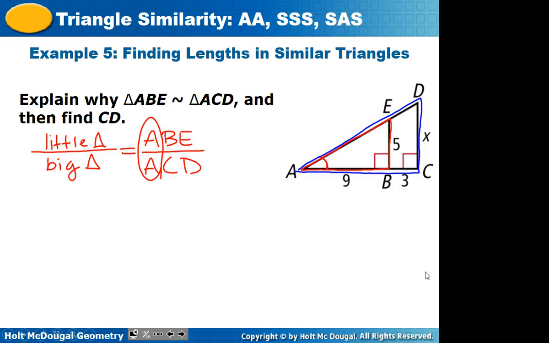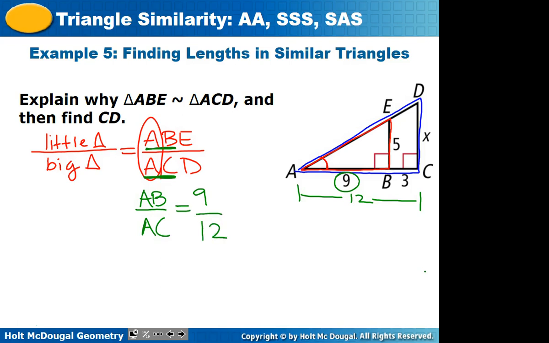So first thing I'm going to do is compare what two sides I had the measure of. So if you notice, I've got the 9 down here, so that's AB. And then I need to compare that to the whole side of that triangle. So I'm going to have to add these two parts together. 9 plus 3 is 12, so that's going to be over AC. And if you notice up here, AB over AC lines up there.